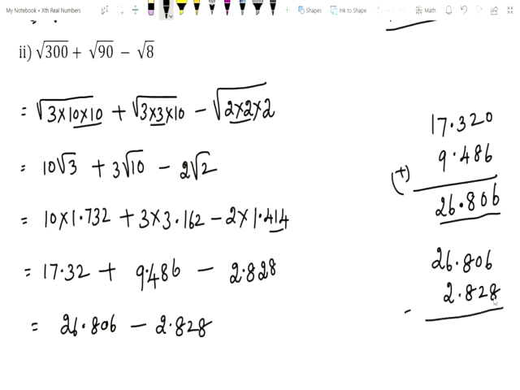6 minus 8 we can't do, so borrow. So it becomes 7. It becomes 10. After that you get 1 from this number. So it becomes 9. Becomes 16. 16 minus 8, 8. 9 minus 2, 7. 7 minus 8 we can't do. So borrow this. It becomes 17. 17 minus 8, 9. 5 minus 2, 3, 2. So what is the answer? 23.978.